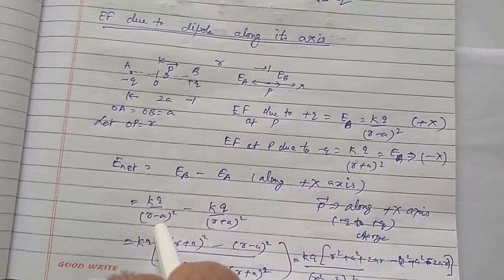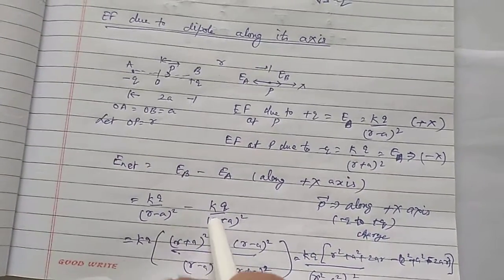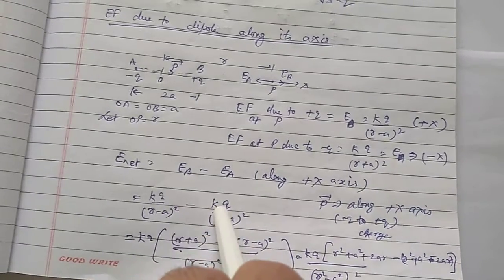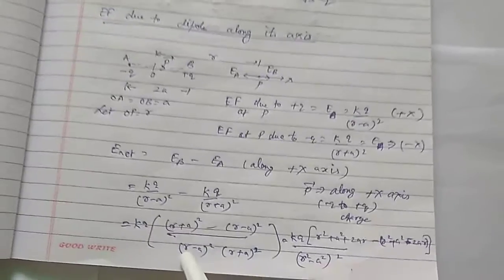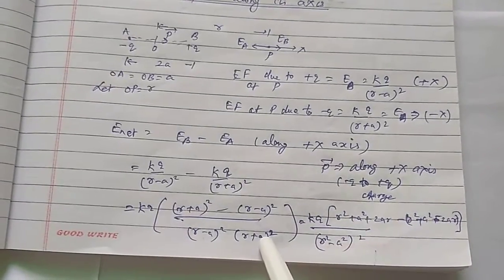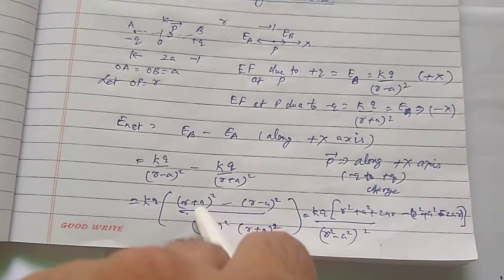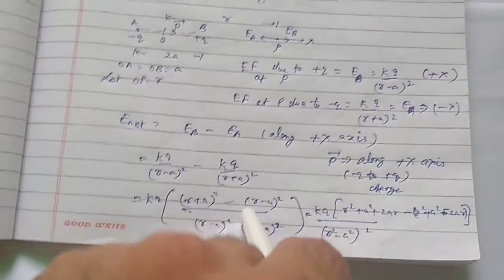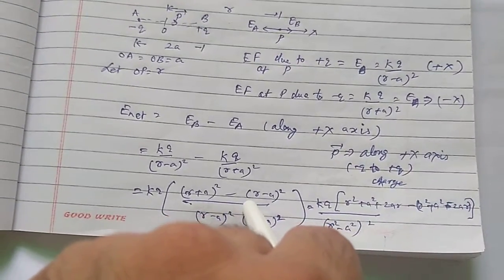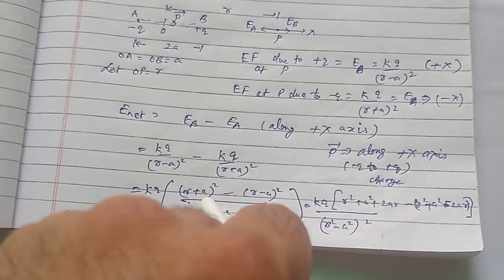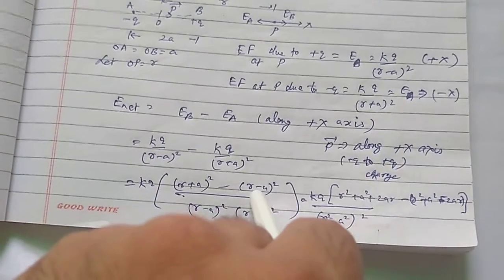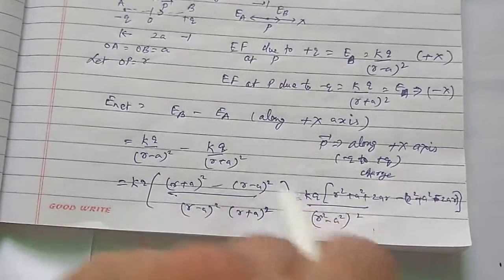So I have to write the expression of EB minus EA. You know that kq can be taken out common, and the LCM is (r minus a) whole square times (r plus a) whole square. The numerator is (r plus a) whole square minus (r minus a) whole square. You will use the identity: r square plus a square plus 2ar, and here r square plus a square minus 2ar.